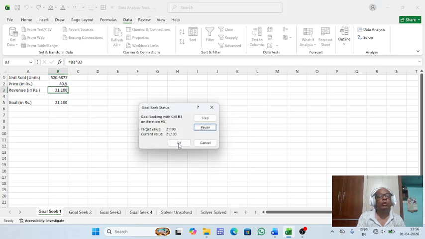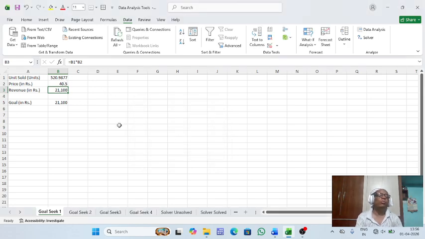You'll get a value of 520.98, approximately 521. So you need to sell 521 units at the rate of 40.5 to get a revenue of 21,100. This is the easier one.